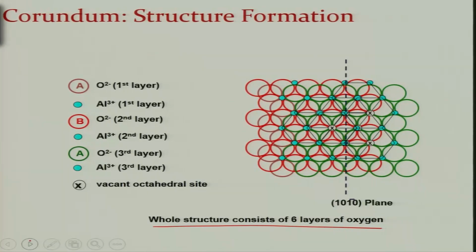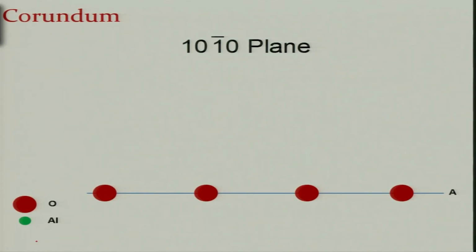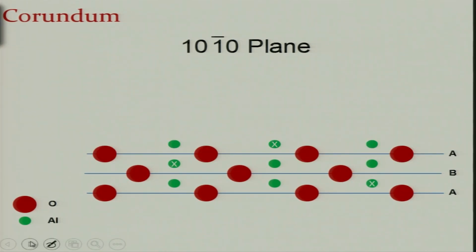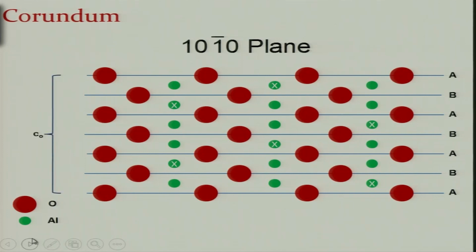The way you visualize this structure is to look at, for example, the cross section of this 10 plane: put in the first layer of oxygen, then a second layer of aluminum with one empty, another layer of oxygen, another layer of metal, again one empty, and you keep doing this 6 times, and this is what you get.